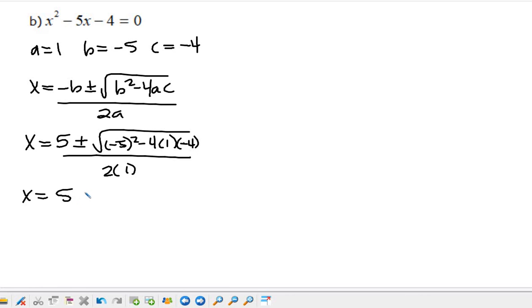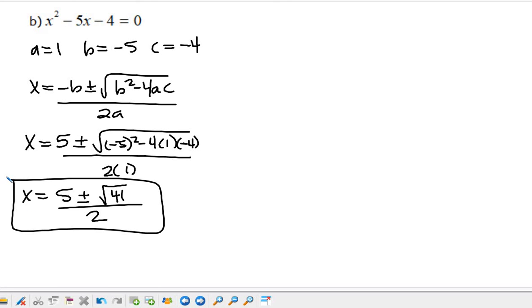So x is equal to 5 plus or minus, so my calculator, -5 squared minus 4 times 1 times -4 gives me a +41 over 2. And 41 is prime. So there's really not anything I can do after that. If 41 was not prime, you would definitely simplify the radical and go from there, okay?